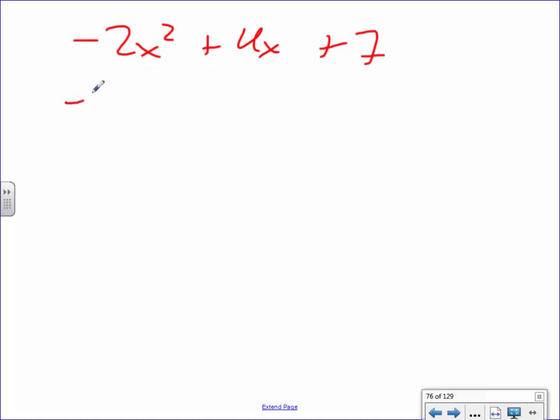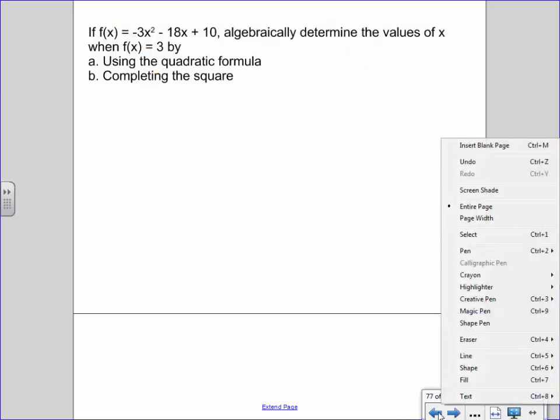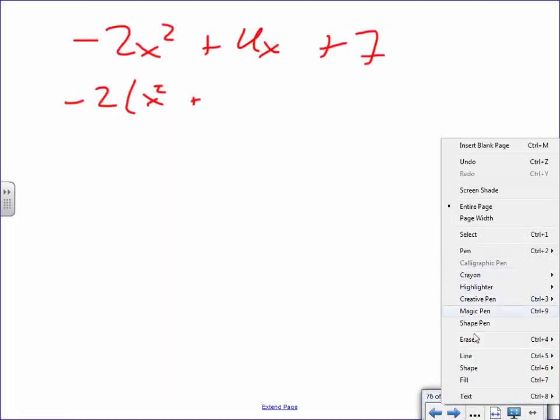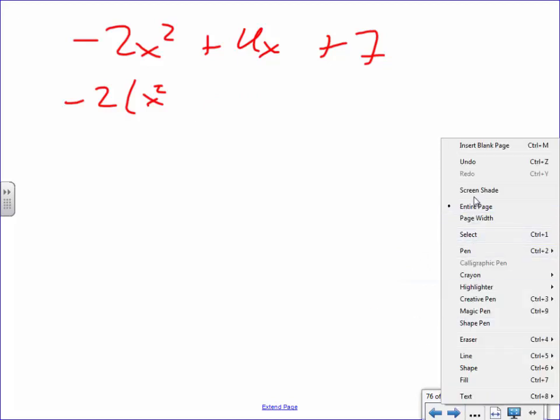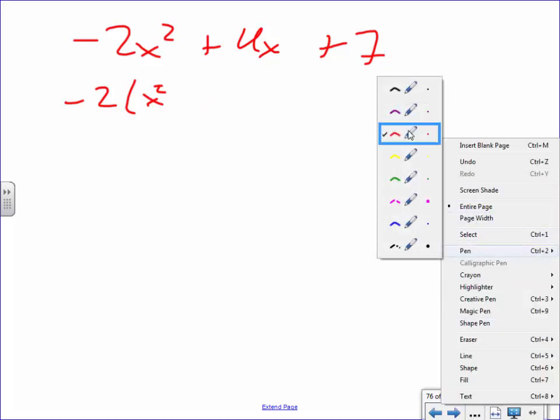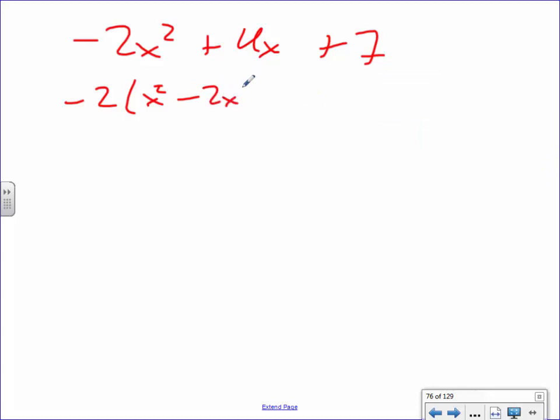So, factor out negative 2. It leaves you with x squared minus 2x. Way over here, I'm going to throw the 7.